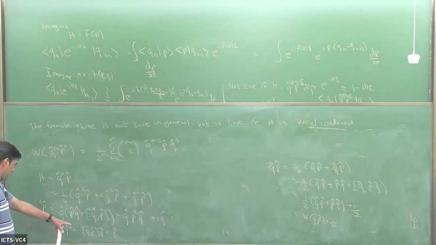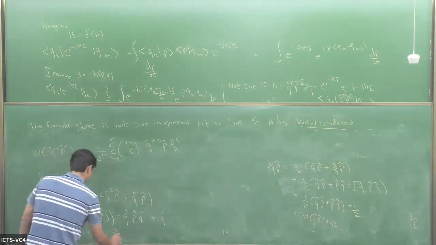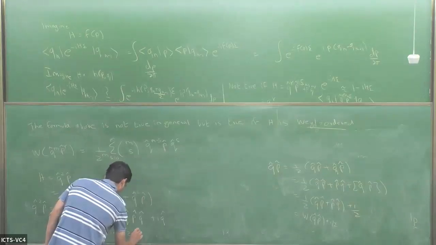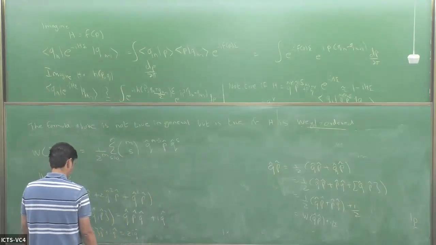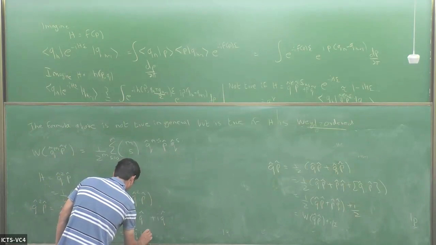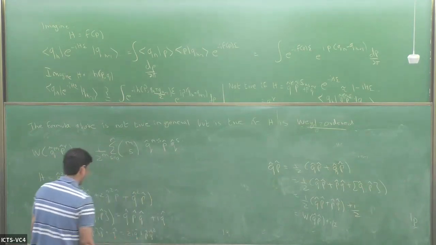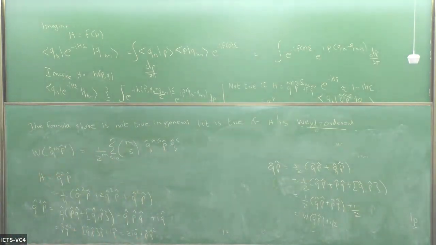So q hat times p hat, q hat p hat minus, yeah, and this gives you twice i q hat plus p hat times q hat squared. Is this algebra correct? Just check my algebra, please.